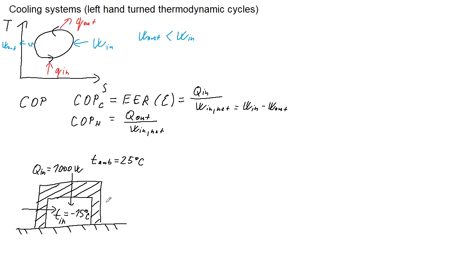And now we will consider some device that will have some heat exchanger over here, and it will need to take out the heat, and by using some work reject the heat into the ambient, so that we can keep the temperature of minus 15 degrees C. We will need to satisfy the minimum temperature difference of the heat exchangers, which would be 5 kelvins.